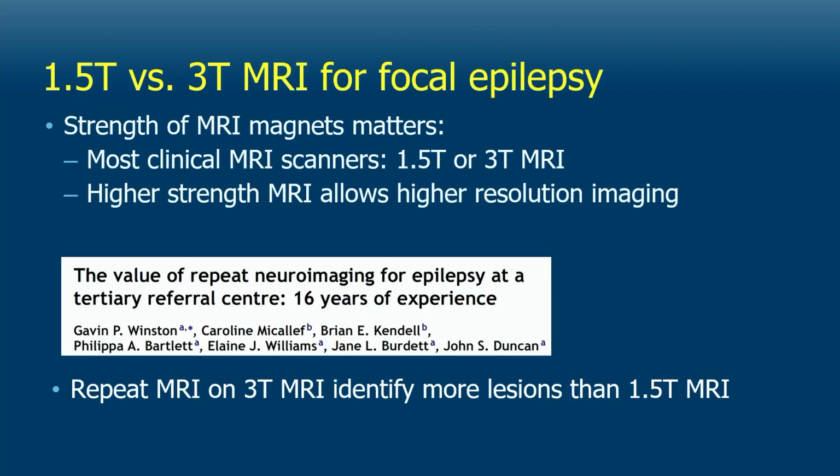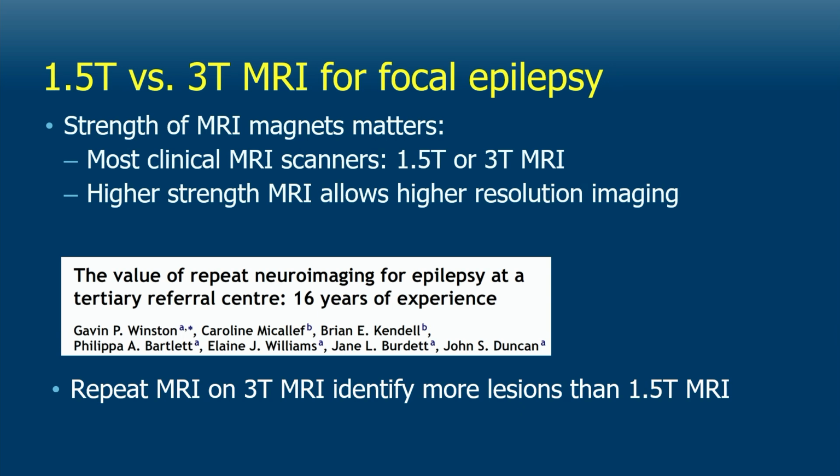So let's start off by looking at the types of MRI scanners. Most clinical scanners use these two types of scanners, 1.5 Tesla MRI or 3 Tesla MRI. So what do these refer to?